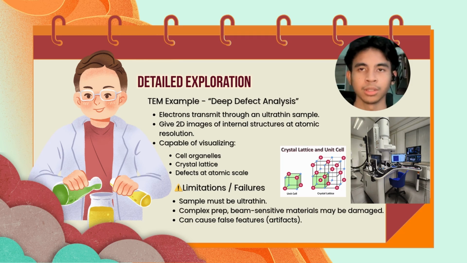The second one is that it gives 2D images of internal structures at atomic resolution, and it is capable of visualizing cell organelles, crystal lattice, and defects at atomic scale. And the limitations of the transmission electron microscope is that the sample must be ultra thin. And the second one is that it needs complex preparation, beam sensitive materials may be damaged, and last but not least, it can cause false features.